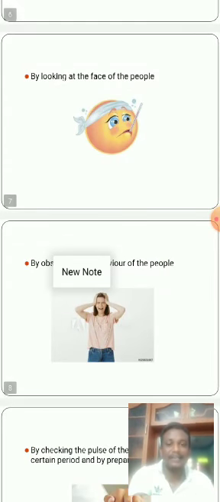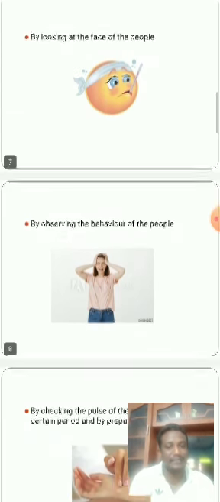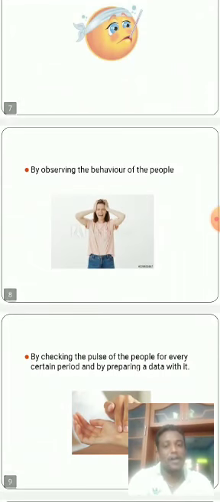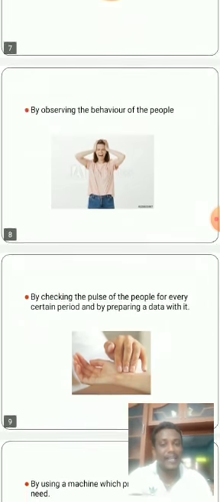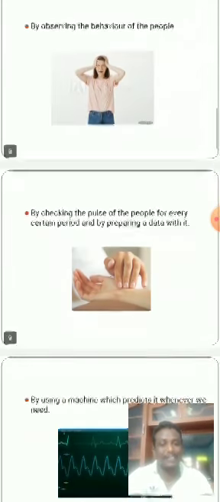Look here. By looking at the face of the people, we can find out the heartbeat rate approximately. Also, by observing the behavior of the people, we can find out approximately the heartbeat variability.